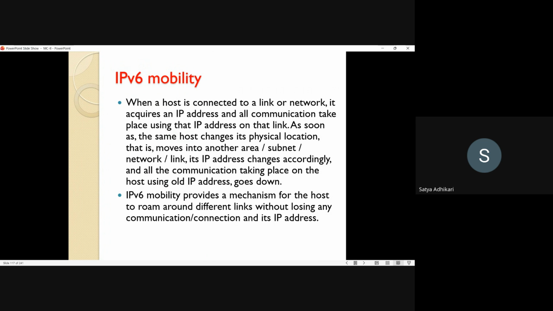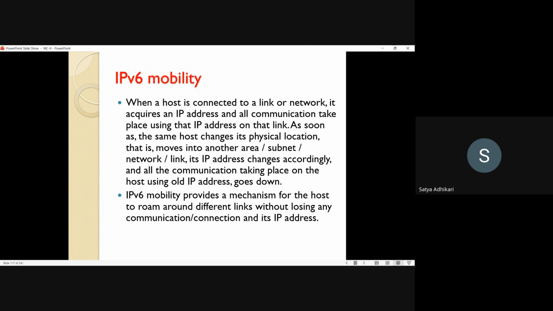Another new protocol, IPv6 mobility. Many times this question comes: write a short note on IPv6 mobility. Let us see what IPv6 is. When a host is connected to a link or network, it acquires an IP address.